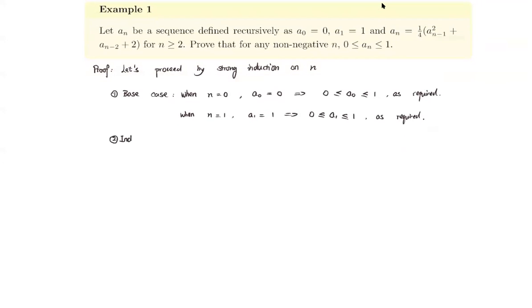Inductive hypothesis. So let's assume that a_n is in between 0 and 1, for n equals 1, 2, 3 till k, for some k in natural number. What would our k be in this case? Do we have any restriction for k?